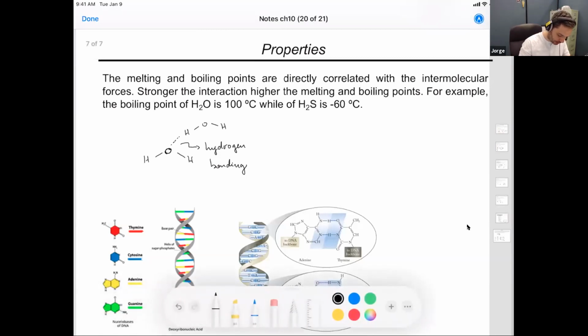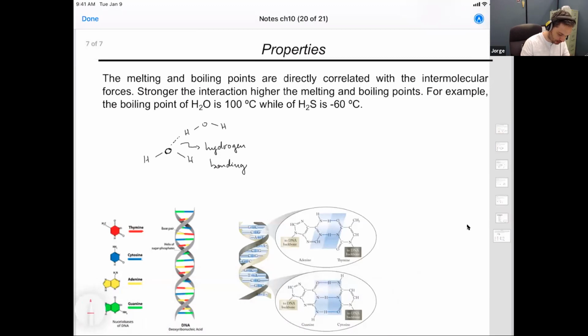If we take a look at H2S, we still have a polar molecule. However, now sulfur is bonded to hydrogen, so that does not strongly polarize this bond. This molecule is still polar, so that creates a delta minus and a delta plus that will attract the opposite sign of a neighbor molecule.